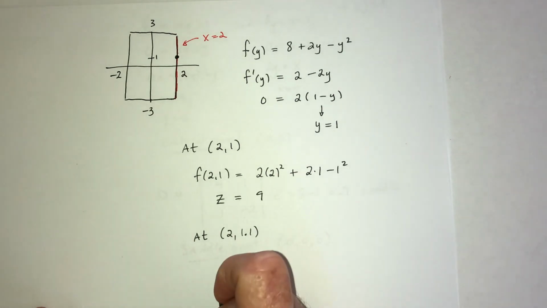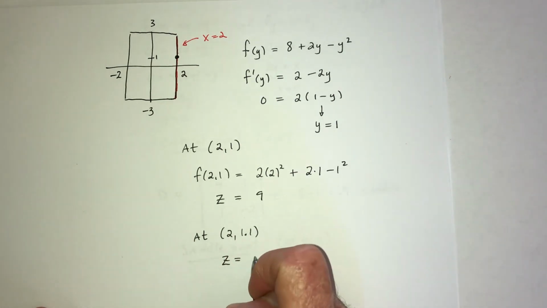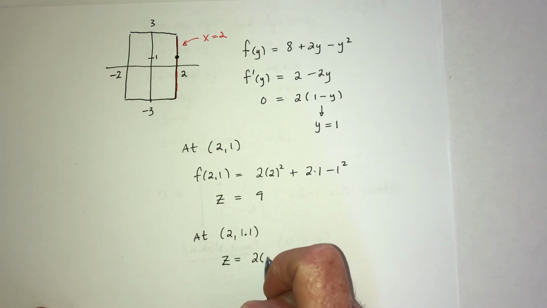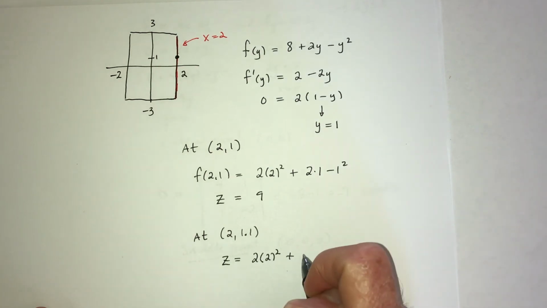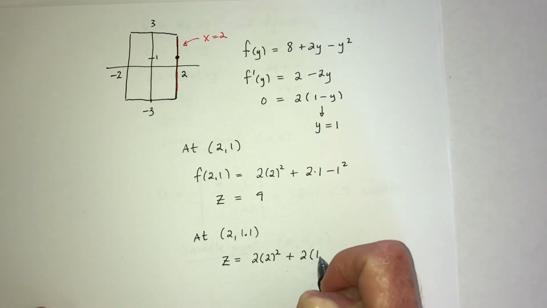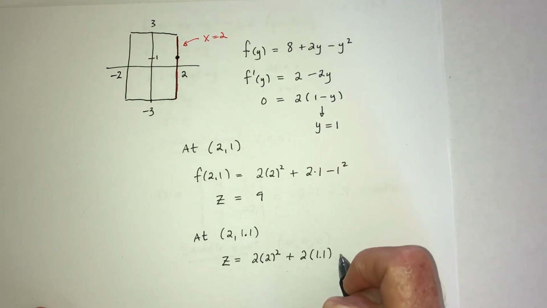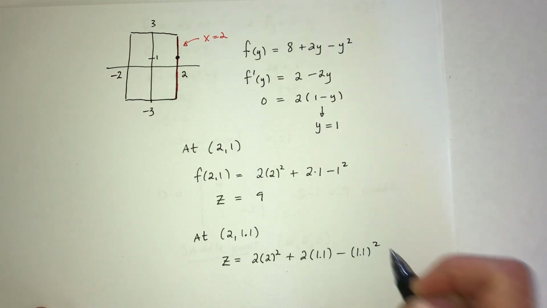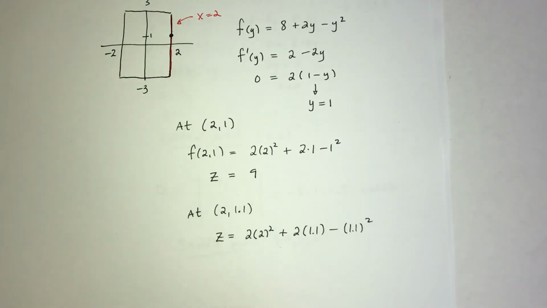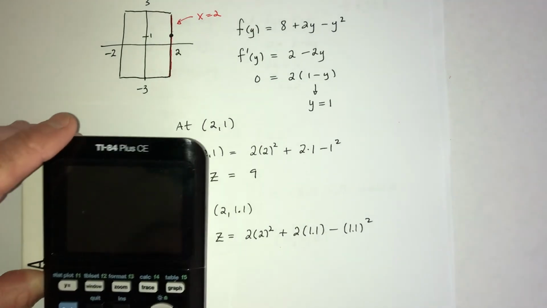So it's going to be 2 times x squared, so 2 squared, plus the x times the y, and then minus the y squared. So how does that affect the z value?